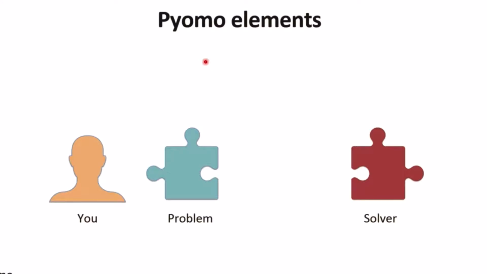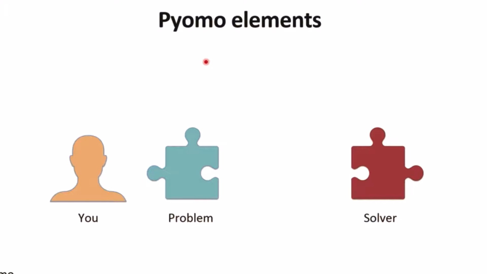So you have to somehow mathematically formulate your problem. Pyomo doesn't understand the physical nature of that problem. It doesn't really understand what the physics or the diet or whatever is. It only understands the mathematics. So you have to mathematically formulate your problem and then pass it to the solver.